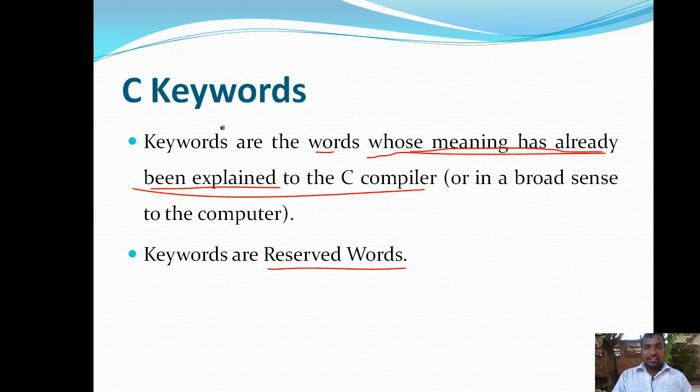Those words we simply call keywords. We have 32 keywords in C programming, and these keywords are used for special purposes. While writing programs, we generally use these keywords, so these have some special meaning.